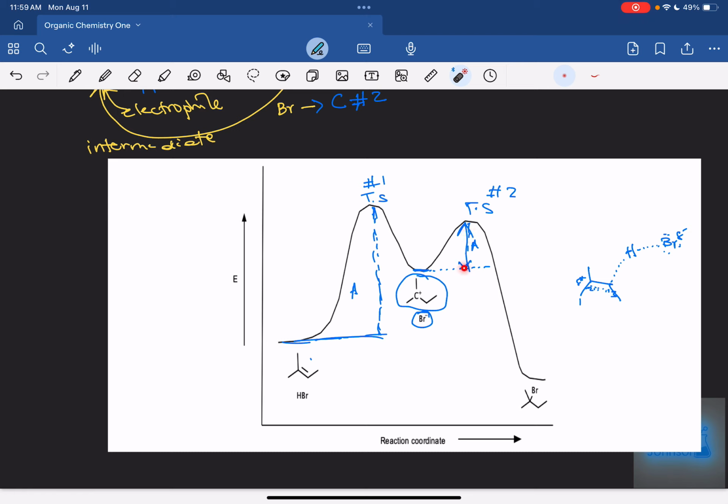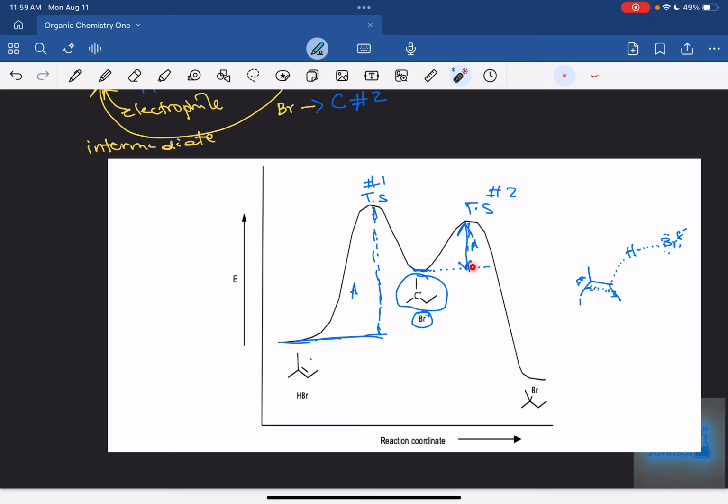Notice how small this is, which means that's why the reaction is fast. Because to start the reaction, I need a whole heap of energy, whatever this is. Let's say, I don't know, 100 kilojoules. This clearly is way less. So if I need less energy, then things are going to go quicker.